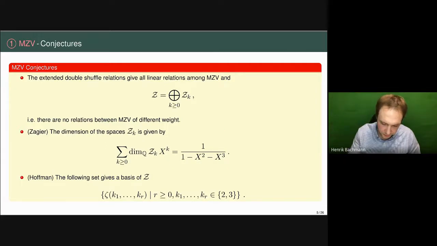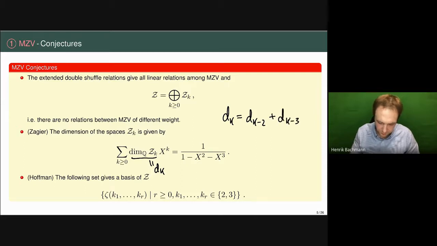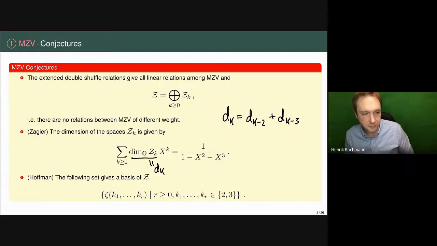But also, if you call this d_k, then if the generating series is given by a rational function, this gives a recursive formula for the coefficients. So you could give some starting values and then say the dimension satisfies this recursion here.